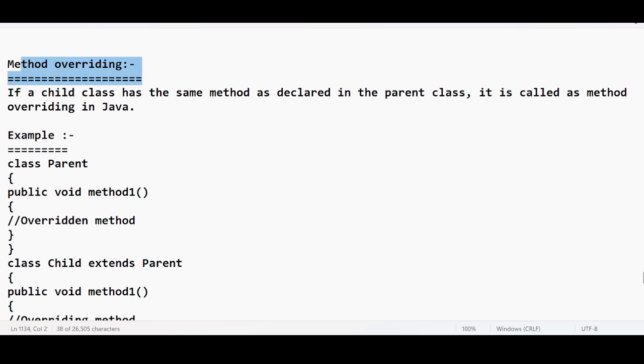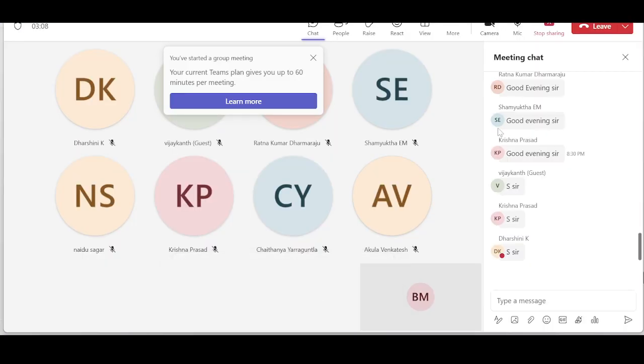If you have two classes in a parent-child relationship, and the child class has a method that is the same as the method in the parent class, then the concept is called method overriding in Java.